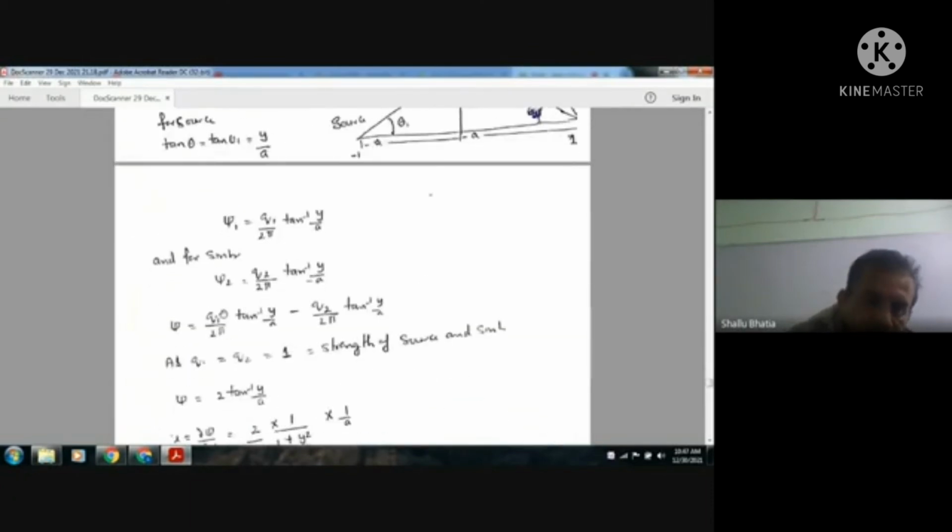The general expression will be like this. Here it should be minus a, because it is minus a here.